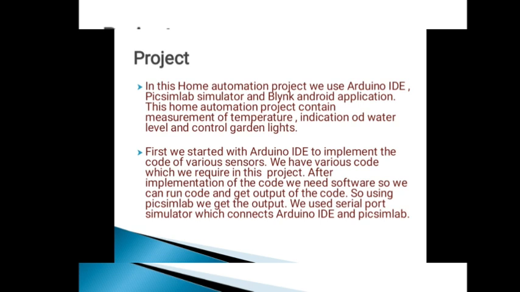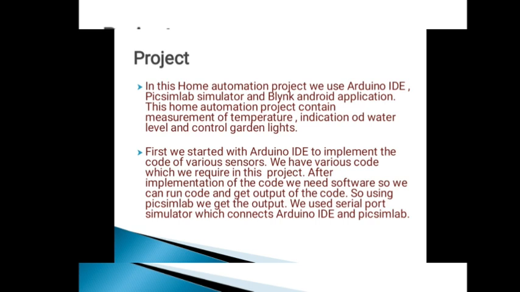First we start with Arduino IDE to implement the code for various sensors, which means we use this Arduino code with different types of sensors, and we have various codes which we require in this project. After implementation of the code, we need software so we can run the code and get the output.